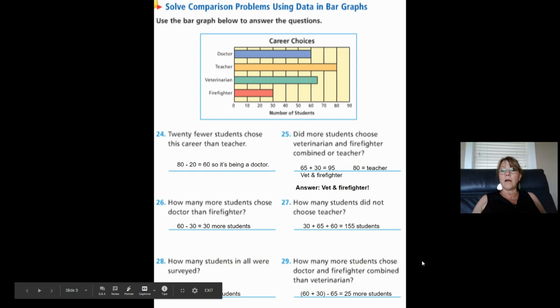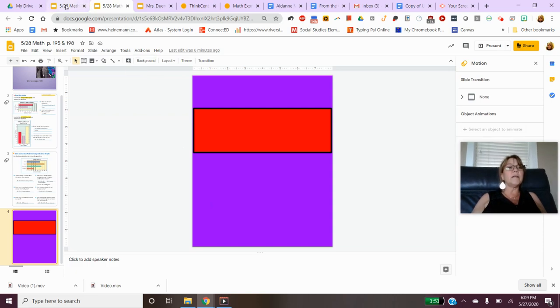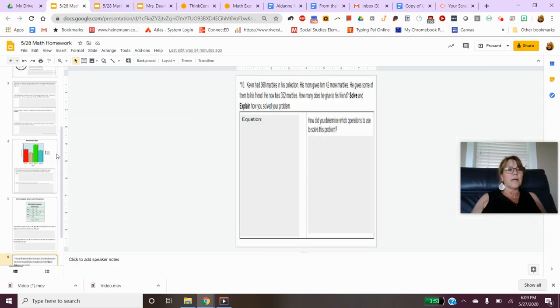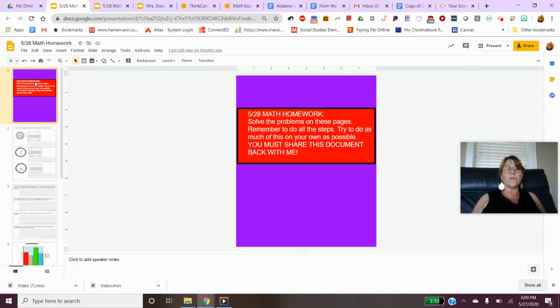So, all right. For your homework today, you are going to do kind of an exit ticket review for this unit. I want you to try to do it on your own. You're going to copy the link that's on the Google Slides, and you are going to solve the problems on these pages.